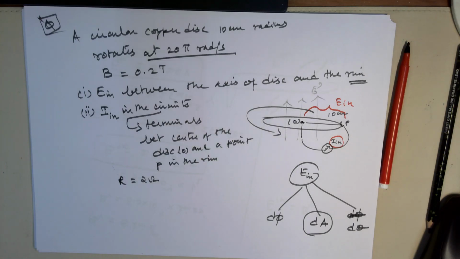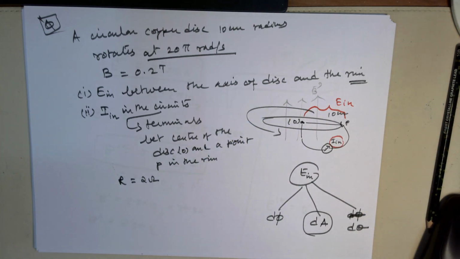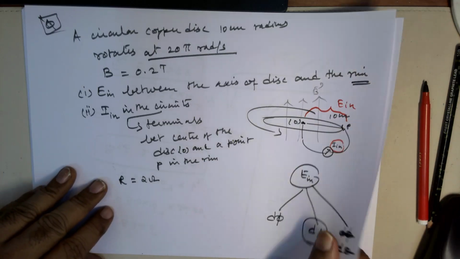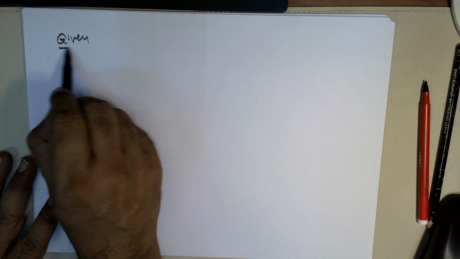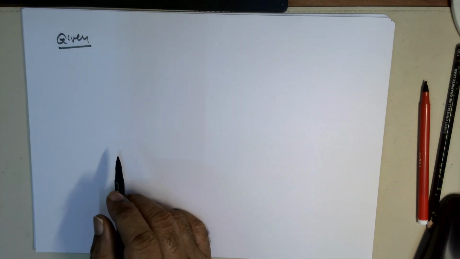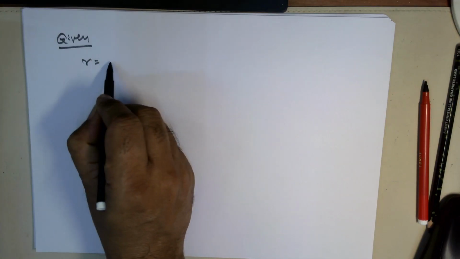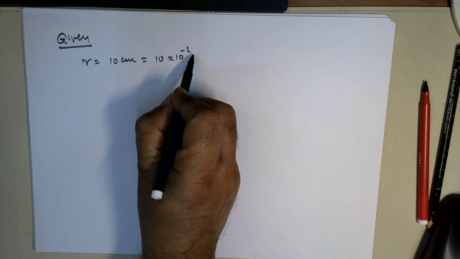Now let us calculate. What are the given parameters? A circular copper disc of 10 centimeter radius. Put R is equal to 10 centimeter, immediately 10 into 10 power minus 2 meter.